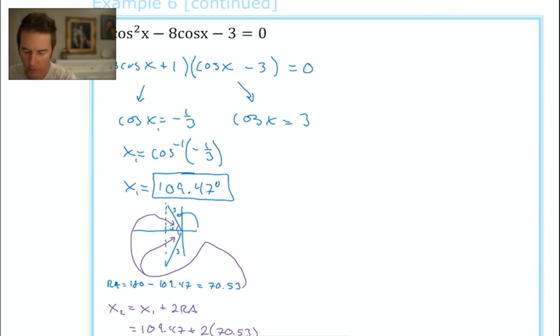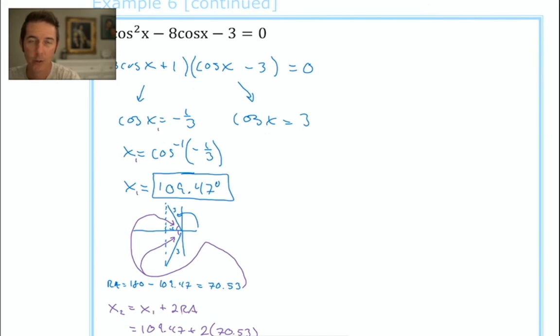And then finally, we can come back up here and address this second equation that says that the cosine of x is equal to 3. I knew we weren't going to have to do very much with this equation, because I recognized right away that the cosine of x here is outputting a value of 3, which is larger than 1.